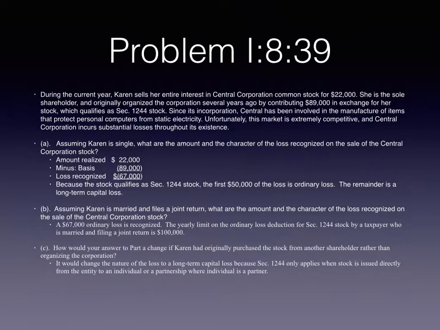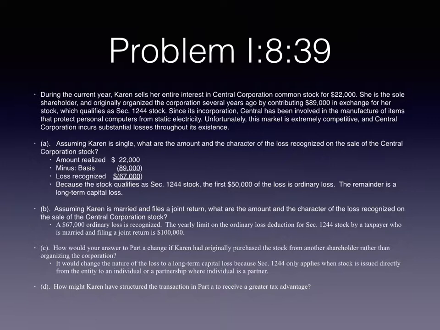So it would all be long-term capital loss in that situation, because you would basically just ignore the provisions of 1244, and since this is an item that she's had for longer than a year, it would be long-term and capital loss because it would be a capital asset.